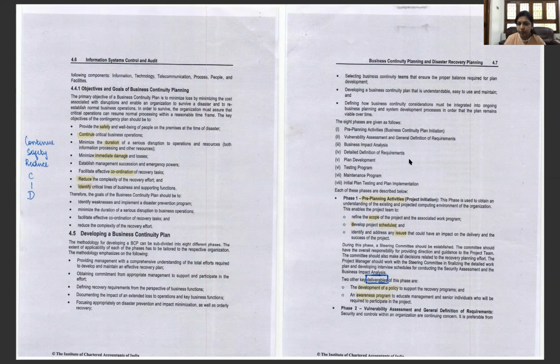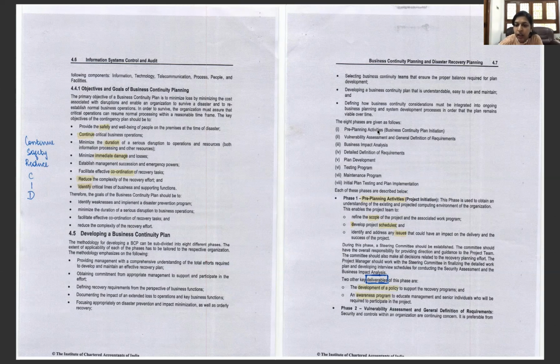Now, the 8 phases are pre-planning, vulnerability assessment and general definition of requirements, business impact analysis, detailed definition of requirements, plan development, testing, maintenance, initial plan testing and plan implementation.